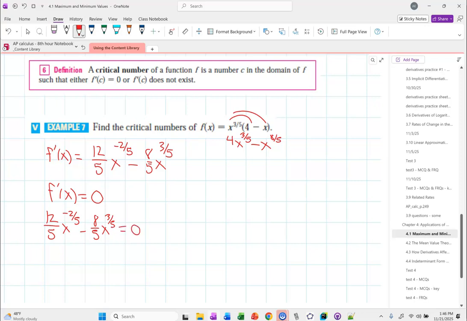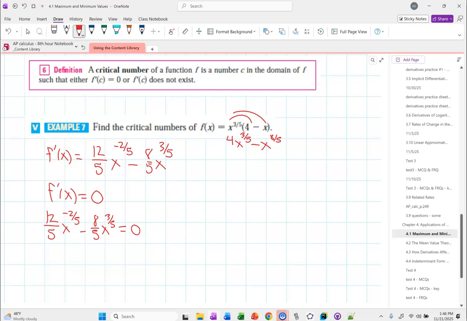How do I solve this equation for x? Factor. What are you factoring? Neither of them. I mean, one has an x to the -2/5, the other is an x to the 3/5. None of them have an x in it.